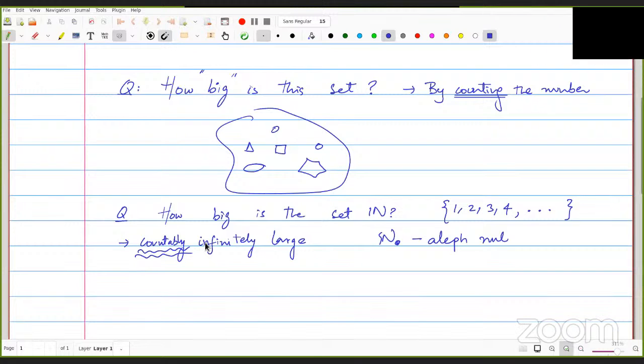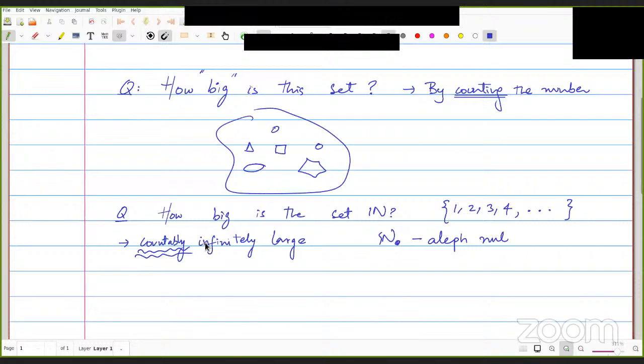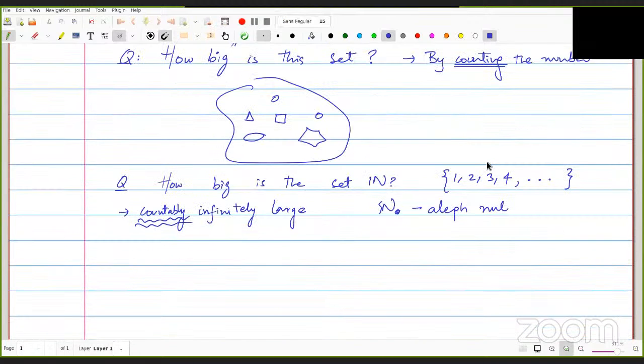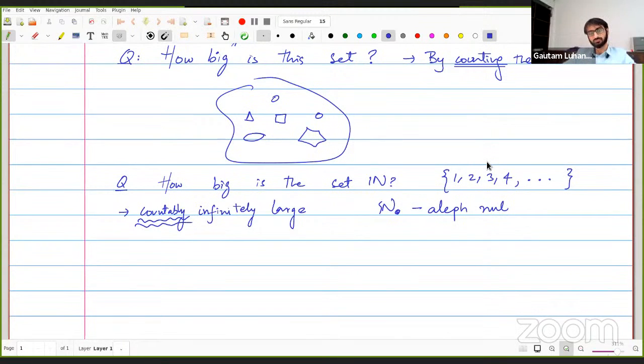Because we can kind of grasp how infinite it is, if I'm explaining it rightly. We can count each one, or we can make a representation with it and exhaust all the elements, whereas in other things we can't.